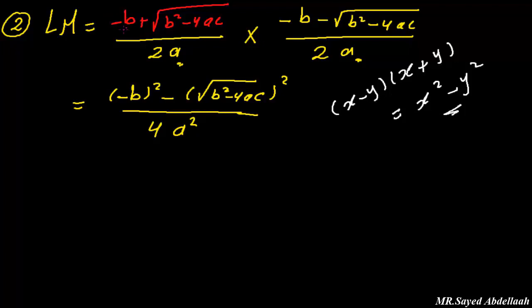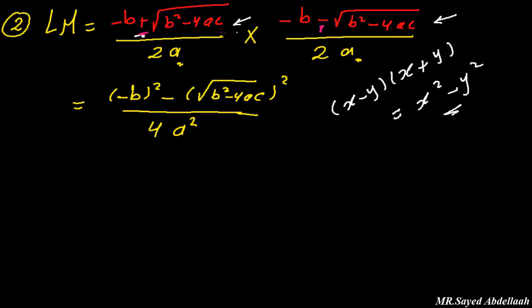As this, negative b plus the square root of b² minus 4ac, okay, this is the first. Negative b minus the square root of b² minus 4ac, this is the second. Okay, we find this expression similar to this expression with the opposite sign. This is positive and this is negative.